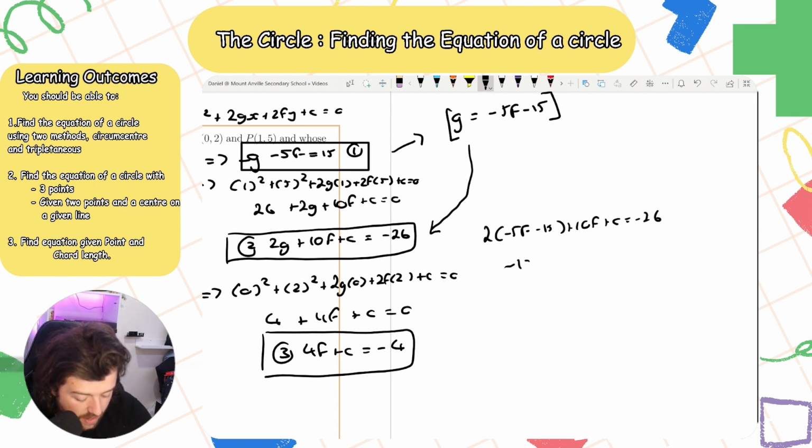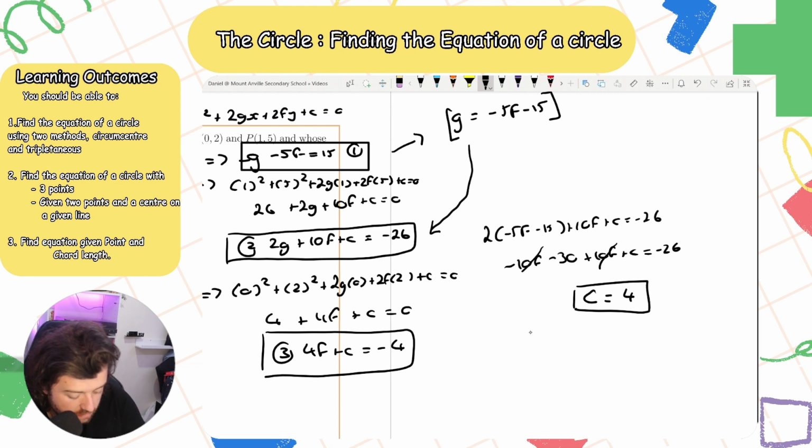That is going to be minus 10F minus 30 plus 10F plus C equals minus 26. Minus 10F plus 10F is going to cancel here, and I'm going to get C is equal to positive 4. How fun. So I have a value for C here.